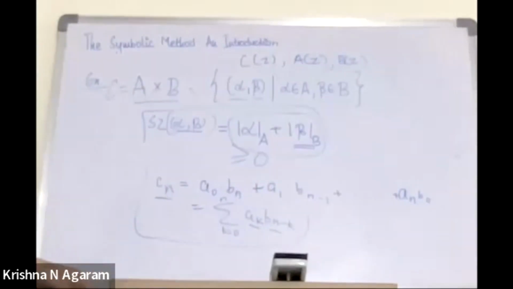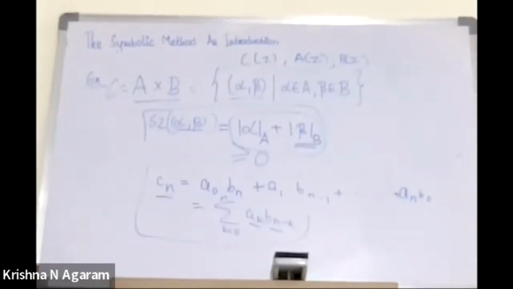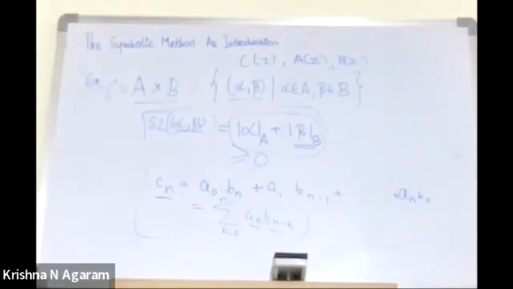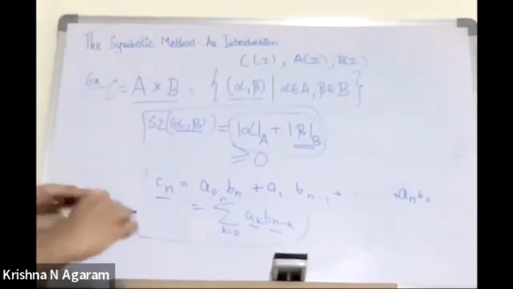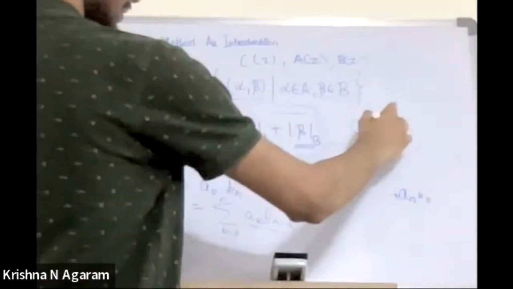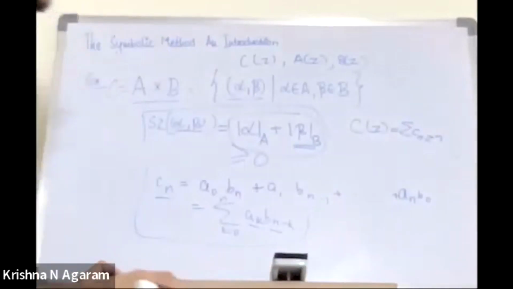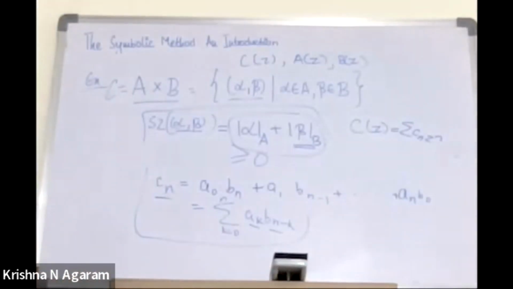You know the coefficient. So yeah, CZ is a generating function, right? In some way. I mean, it's that generating function I defined, right? If you have a class C, then C of Z is summation Cn z^n, and that's the generating function. It's called the associated generating function to the class. Right?